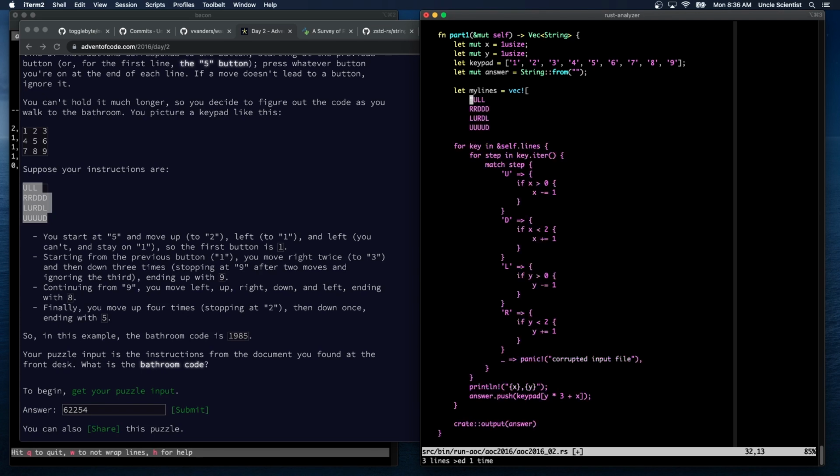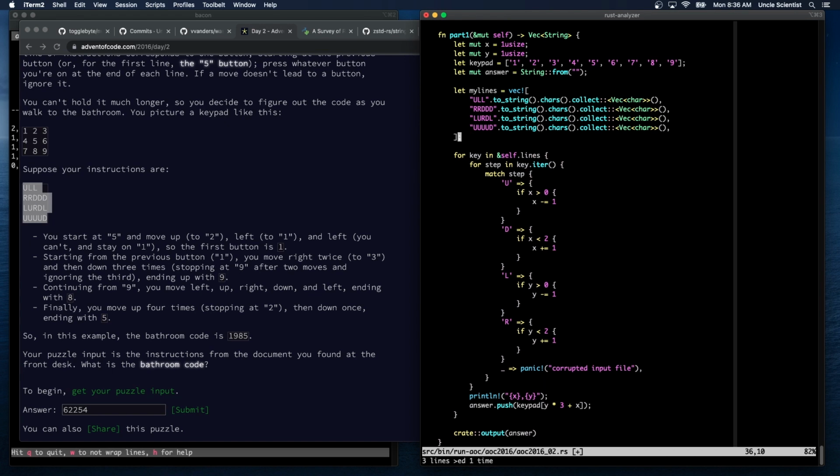We can do this toString dot chars dot collect Vec<char>, and then we can just say here my lines, and we can see if it comes up with the same answer.